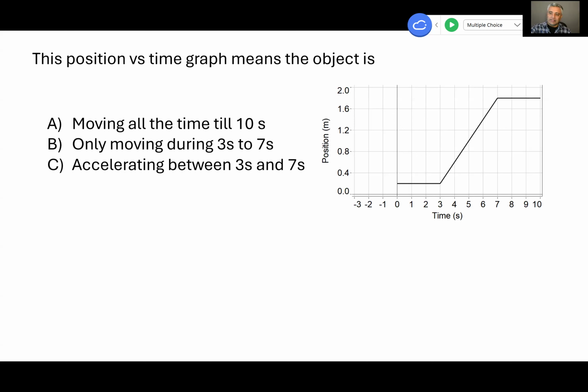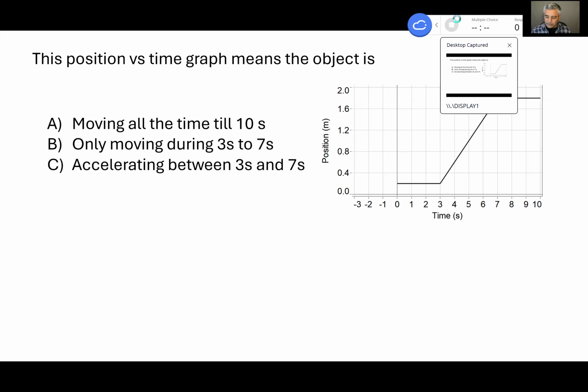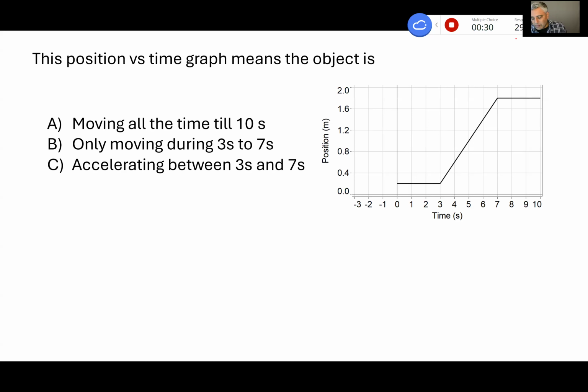So here is another question about position versus time graph. So I'm opening the poll and you have a minute to answer this question. Thirty more seconds.